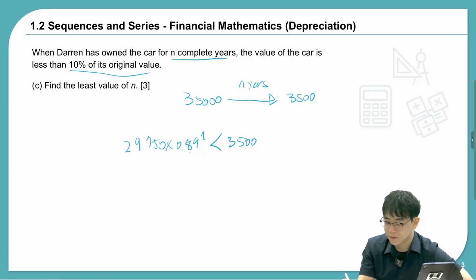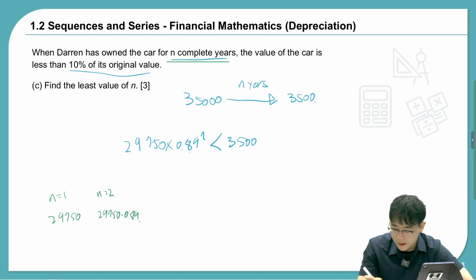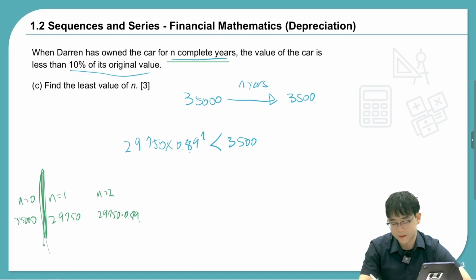But here's a catch. N complete years starts counting from when Darren first bought the car. So when n equals 1, the car's value is 29,750, and when n equals 2, it's 29,750 times 0.89. When n equals 0, the value is actually 35,000, but it's kind of detached because in the first year it depreciated by 15%.